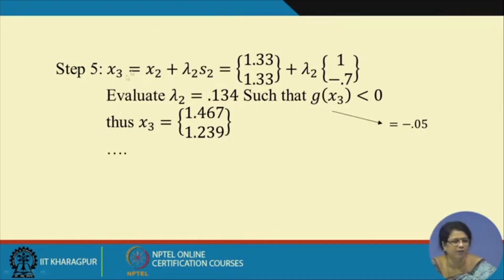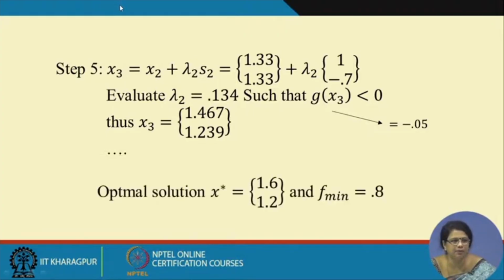We will find it this way, and ultimately we will get the value for x3, this one. In this way I will move around the feasible space and ultimately we will get the optimal solution like this. That is the whole feasible direction method.